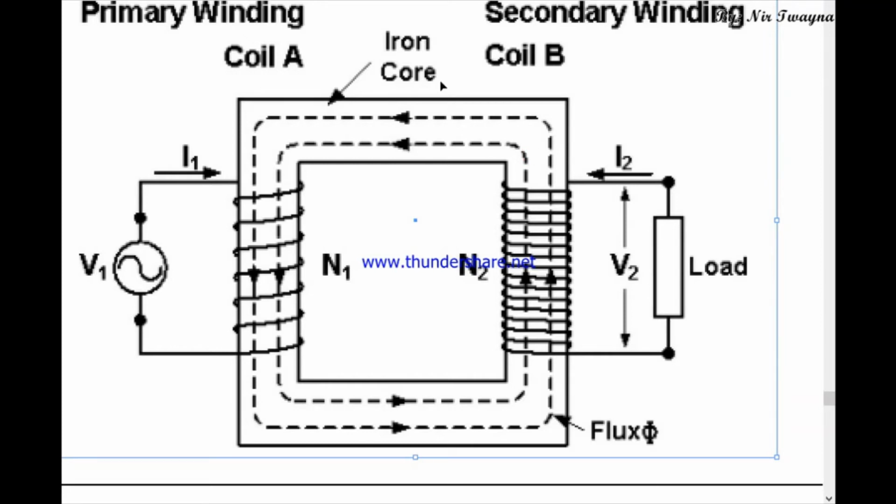The core is also made up of iron, a conducting material, so EMF is induced in the iron core as well. If you use a solid piece of iron core, then the current induced inside the iron core will have nowhere to go but circulate within itself. It does not make a circuit to anything else.